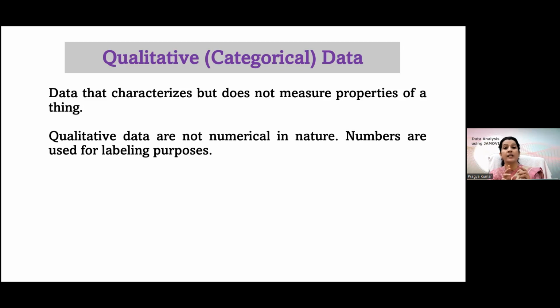So again, quantitative can be of two types. It can be discrete, like number of children in a family, number of days of hospital admission, number of newborns in a ward, number of patients admitted in a day. That cannot be in fraction.